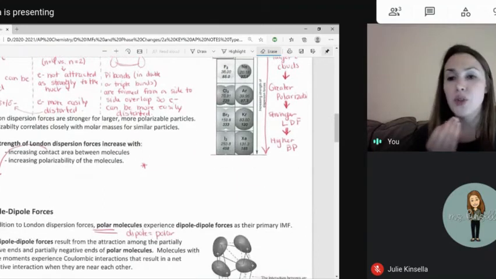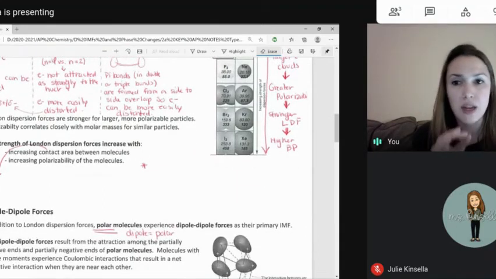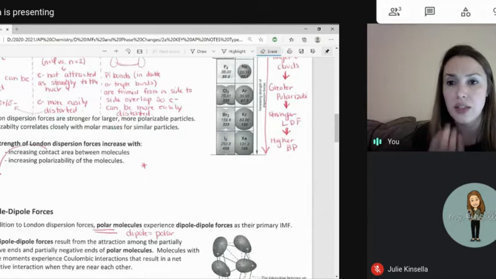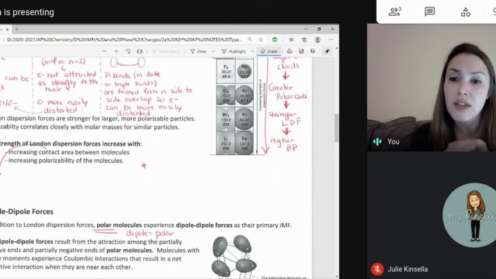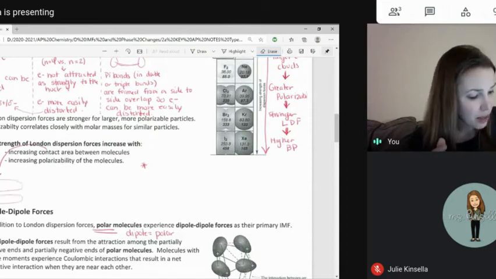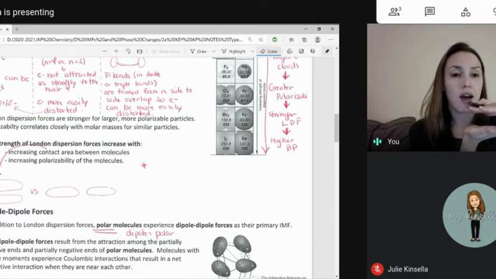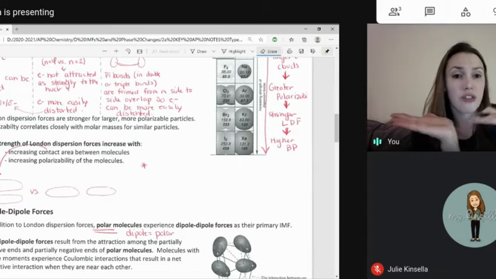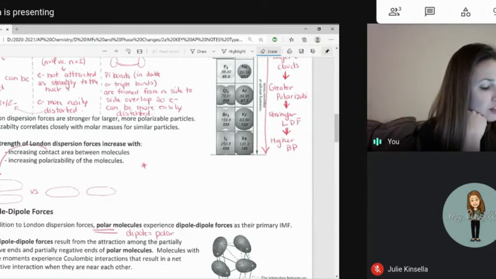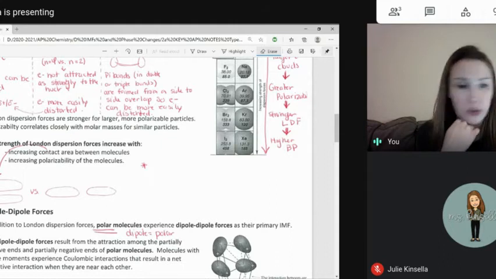So this is going to be huge in terms of being able to understand and discuss polarizability. The strength of that London dispersion force also increases if you have a greater contact area between molecules, whether they're able to have more contact, say if they're parallel with each other rather than next to each other. And just keep in mind, we just talked about increasing polarizability.